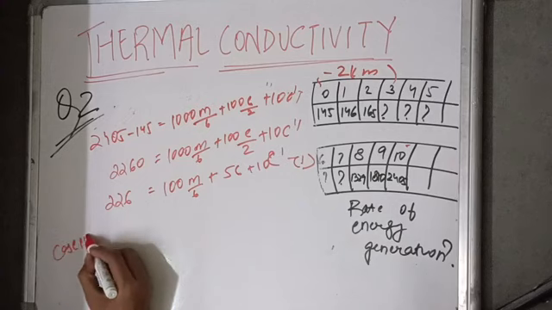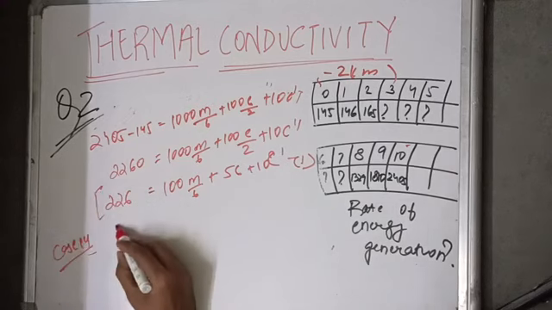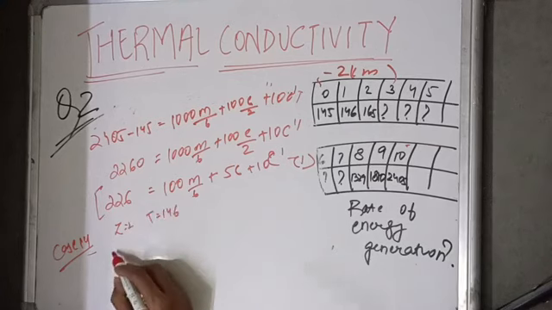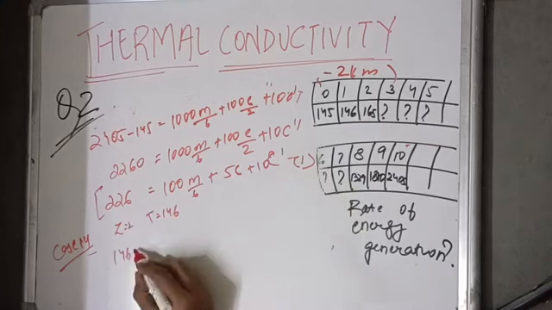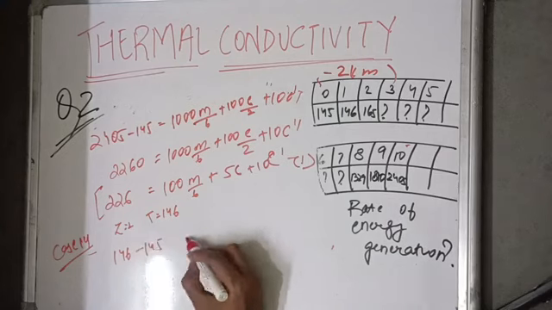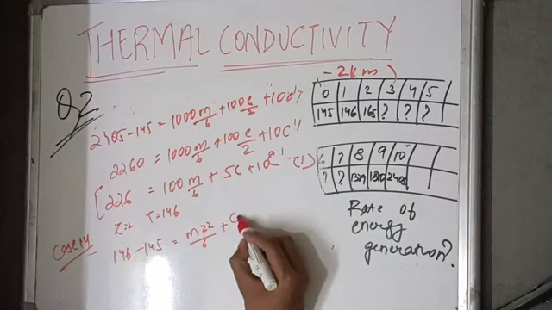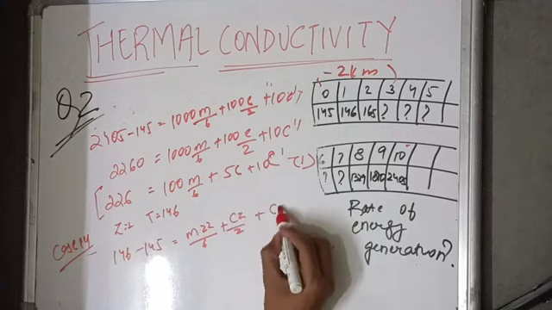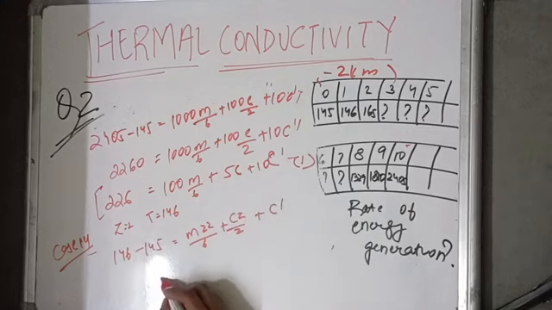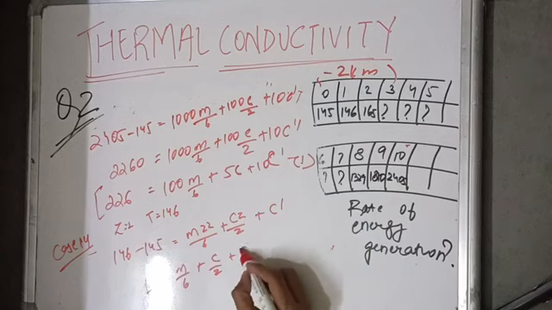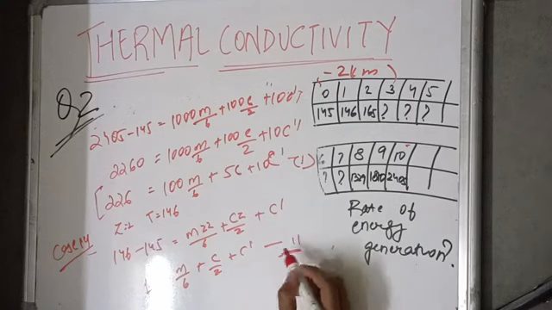Putting case 3, z equals 1, t equals 146. 146 minus 145 equals m by 6 plus c by 2 plus c dash. This we got is the second equation.